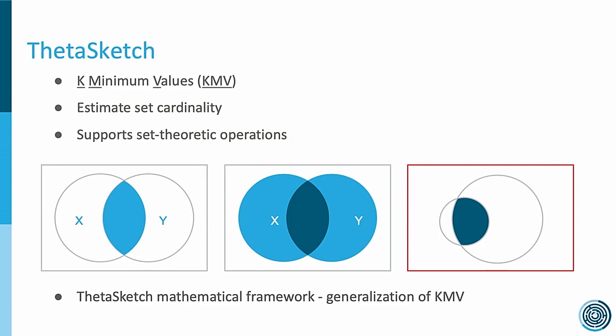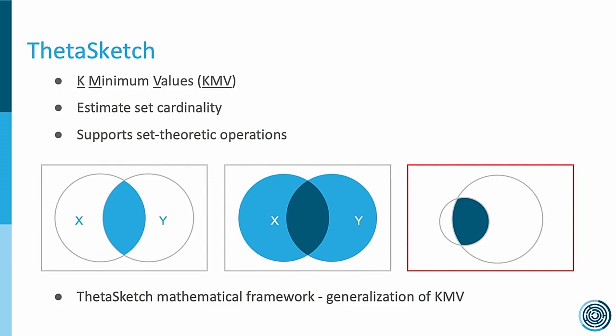So then we moved to a better algorithm, at least in our opinion, which is called Theta Sketch. Theta Sketch is a generalization of the KMV idea, or the KMV algorithm. And for those of you who don't know KMV, it stands for K minimum values. This is another sampling, approximation, or a statistical algorithm, you name it.